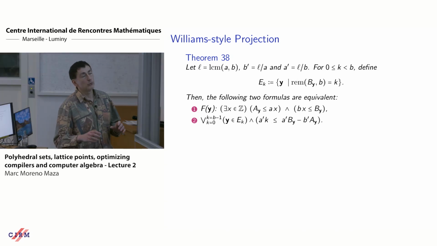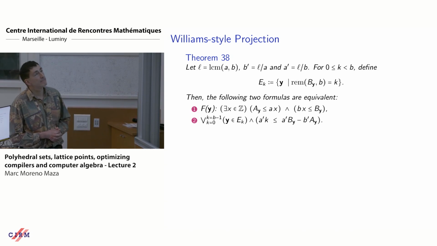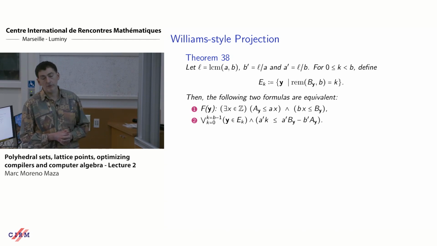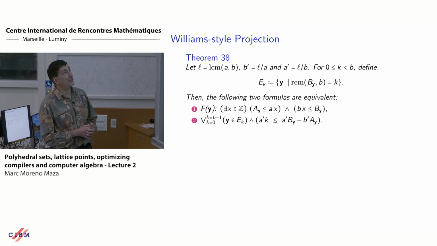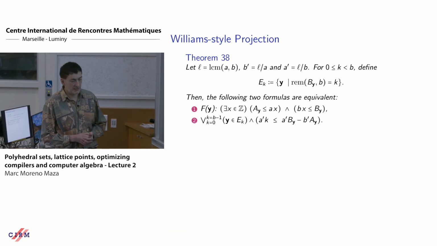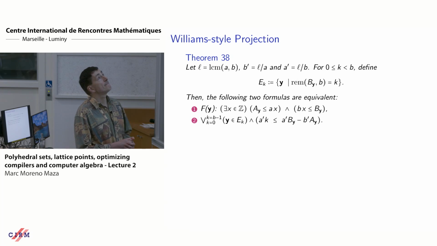So again, we have these 2 inequalities. Little a and little b are the coefficients of little x, the variable we want to eliminate. Little l is the LCM of little a and little b.